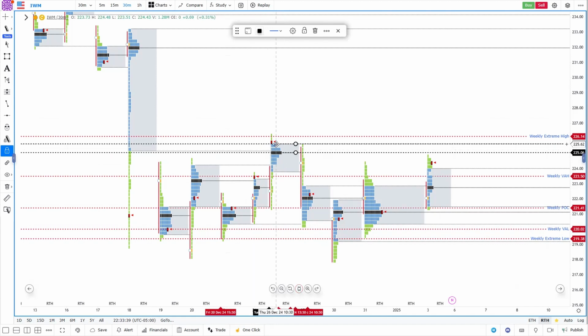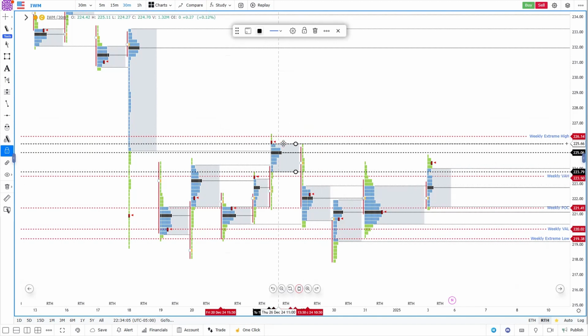The value high is where buyers and sellers agreed on price at the very high of that day. And then if I put a line down at value low, that is where buyers and sellers agree the very least of that day. Now, above the value high is where buyers and sellers did not agree at all, and below value is where buyers and sellers didn't agree on price.